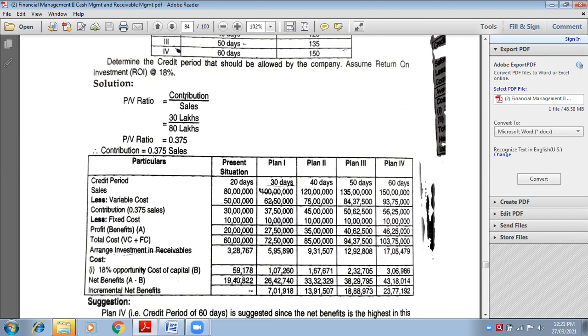Very good. Next, plan 1. 5,95,890 is my average investment in debtors into 18 percentage.